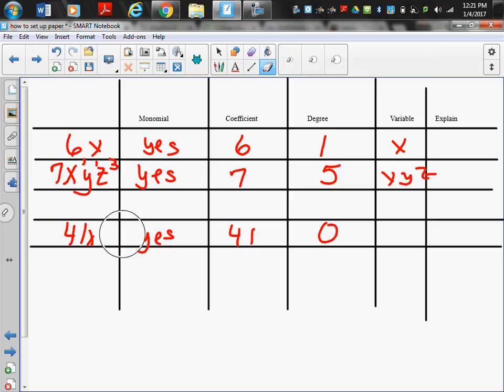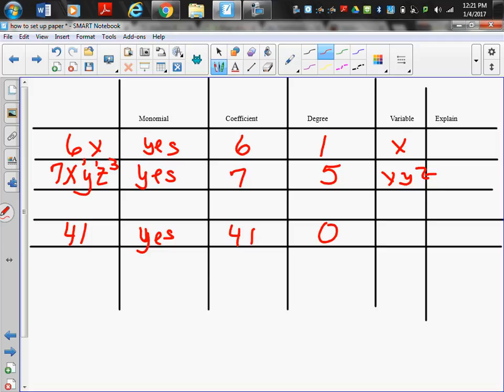And does it have a variable? No. I wanted to show you that x to the 0 power is 1, that's why we had 0 for our degree.